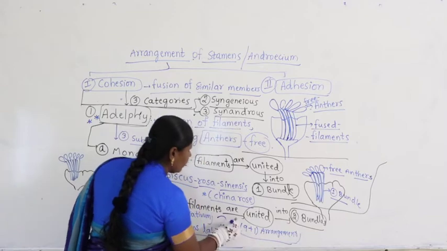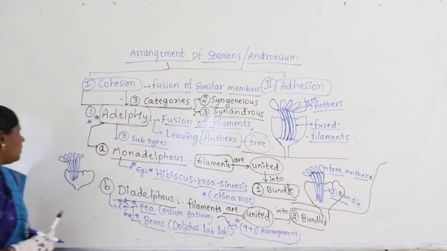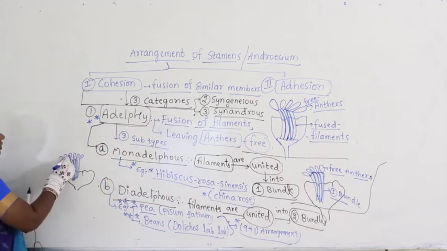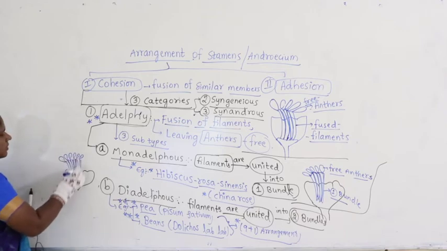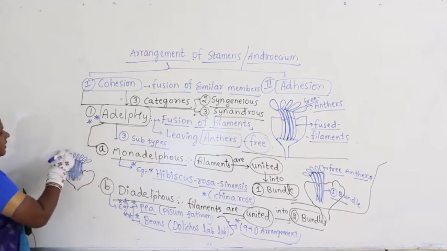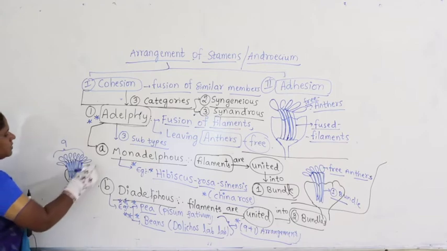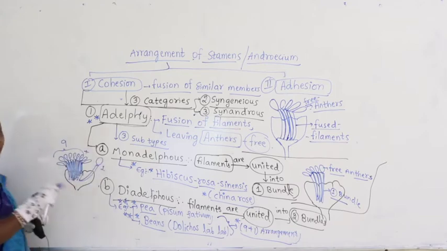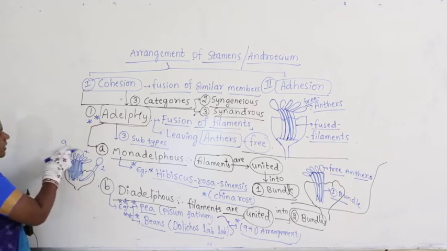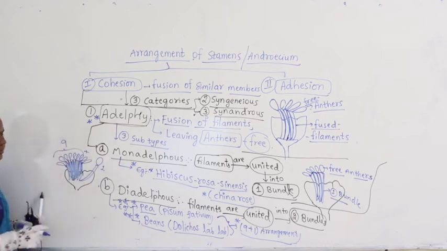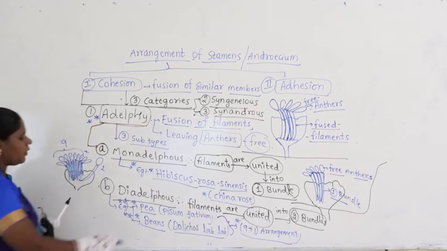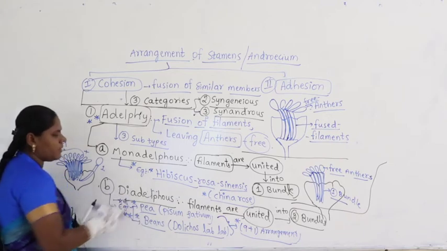This is very important. So, here 1, 2, 3, 4, 5, 6, 7, 8 and 9. In this, 9 filaments are joined, and there is only one stamen separate. This is 1. So, we call the arrangement a 9+1 arrangement, especially in pea plant and beans plant.